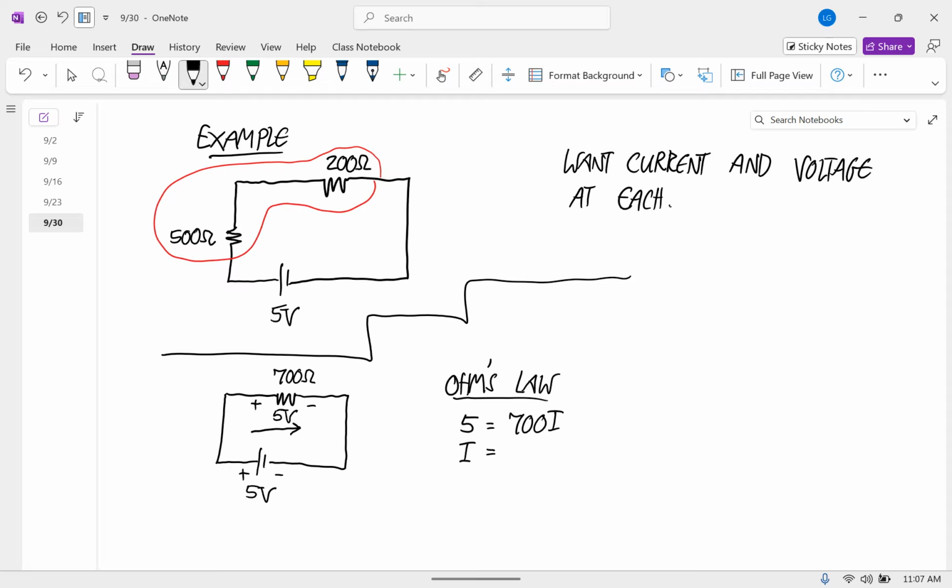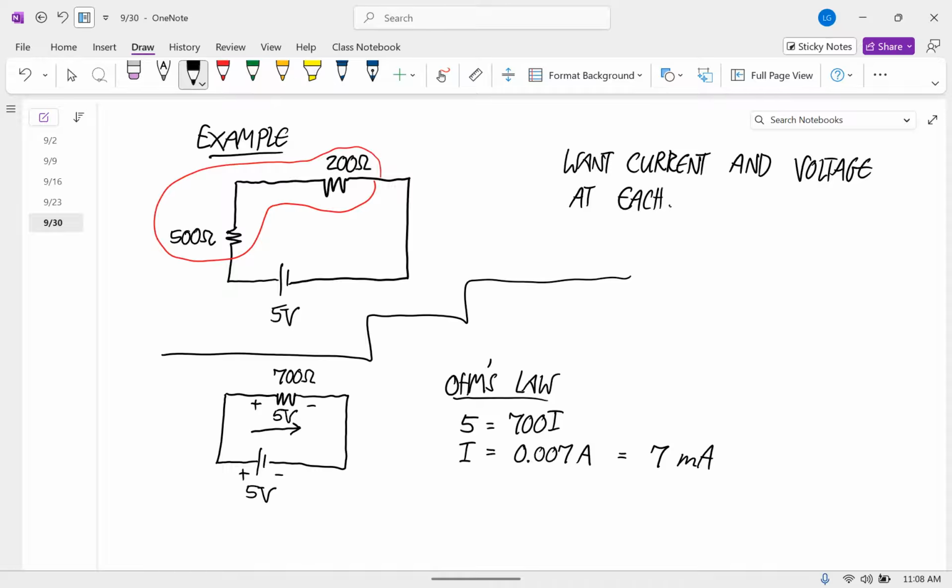So the current is equal to, anyone have a calculator in front of you? Okay, can you just do 5 divided by 700? You want a fraction or a decimal? Decimal, I guess. Yeah, 0.007 amps. We can think of that as 7 milliamps. So we know that there's 7 milliamps of current going through this combined thing.